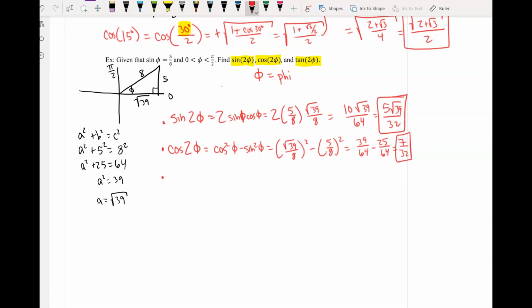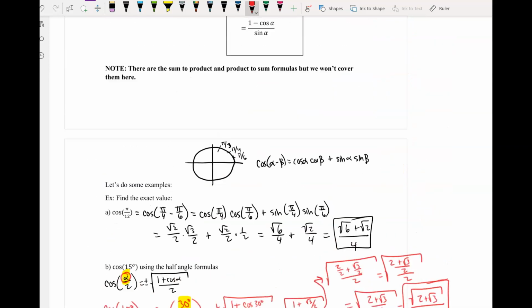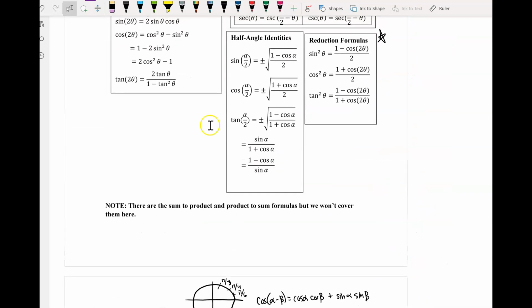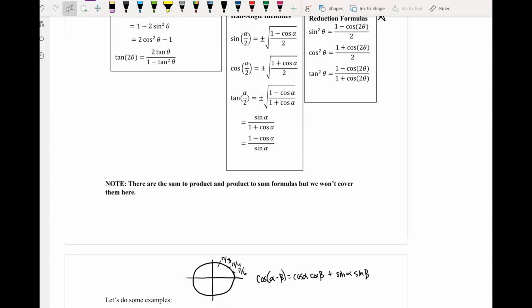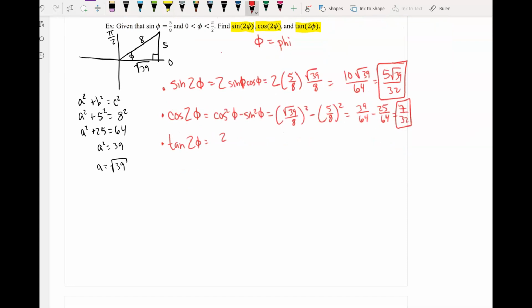And now we're going to look at the tangent of 2 phi. So if you look at the tangent, the double angle for the tangent is going to be 2 tangent over 1 minus tangent squared. And if we look at the tangent, it's going to be just the opposite over the adjacent. So it's going to be 2 times 5 over square root of 39 divided by 1 minus 5 over square root of 39 squared.